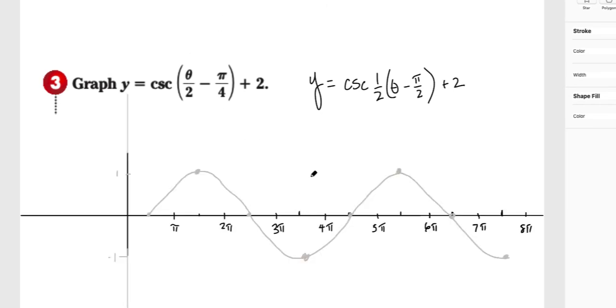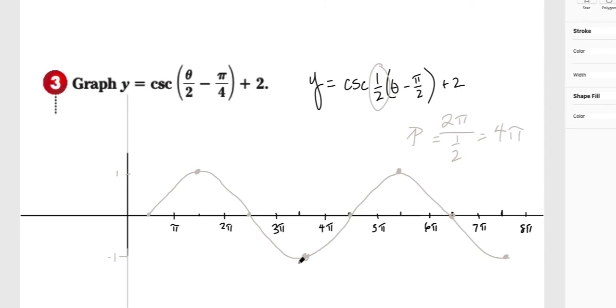So I've taken the liberty to draw in the sine curve, because we know we're dealing with the reciprocal function, cosecant of sine. I've drawn the sine curve such that a couple of things are happening. This 1/2 gives us, remember we take 2 pi divided by 1/2 to get the period, and we get that the period is 4 pi.